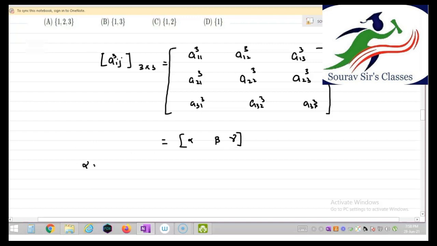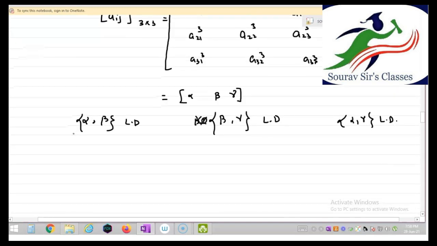So alpha, beta is linearly dependent. Beta, gamma is again linearly dependent. Alpha, gamma is again linearly dependent. Now alpha, beta is linearly dependent, so I can write alpha as some multiple of beta, that is C beta.